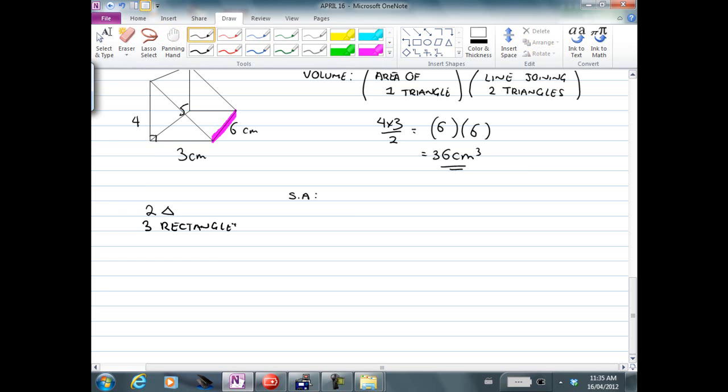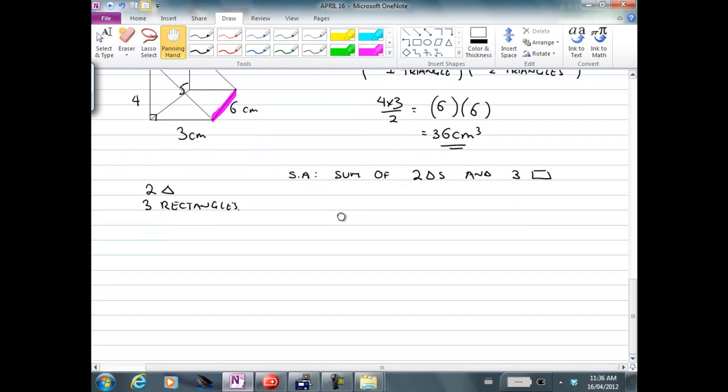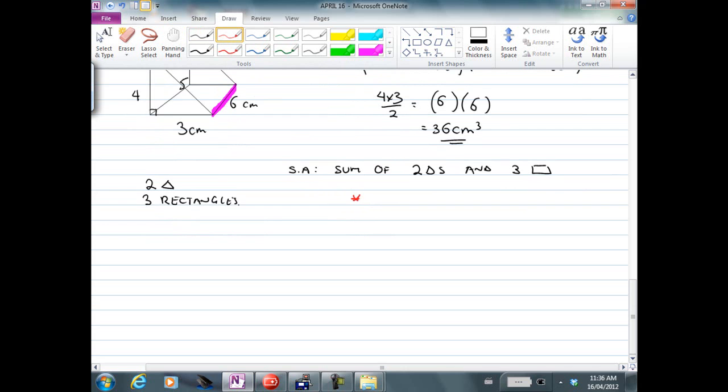So when you do the surface area, you're going to find the area of each piece. So surface area is the sum of 2 triangles and 3 rectangles. I'm going to make a little note for you on this one. Star: triangles will always be the same. Rectangles are different.